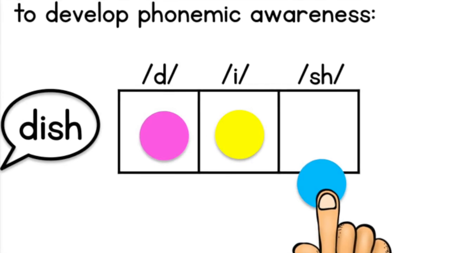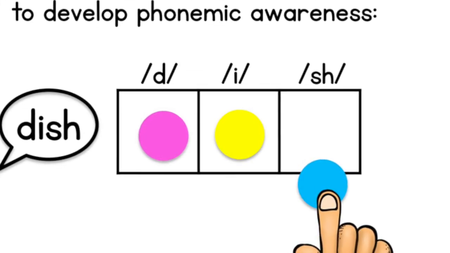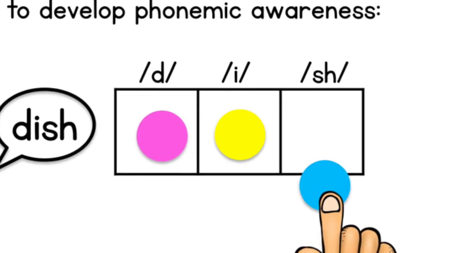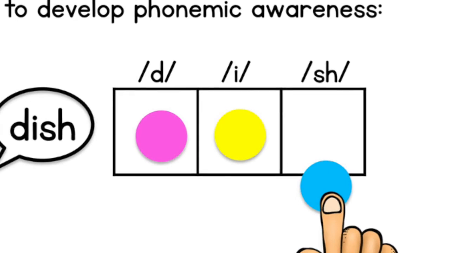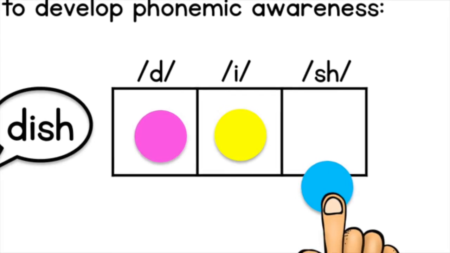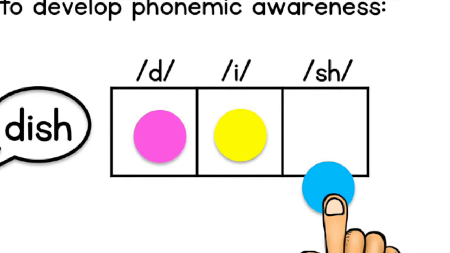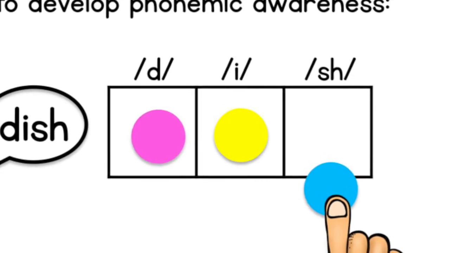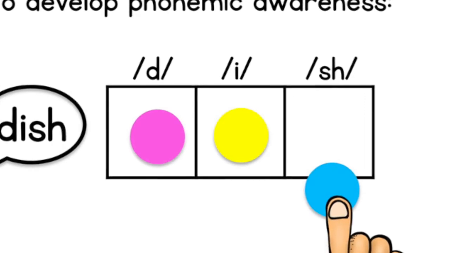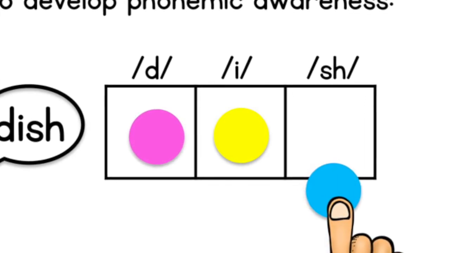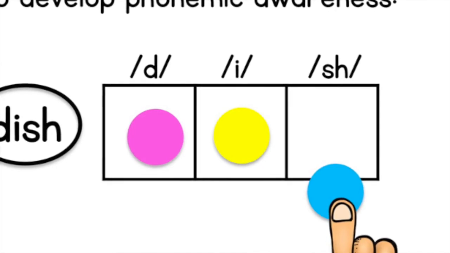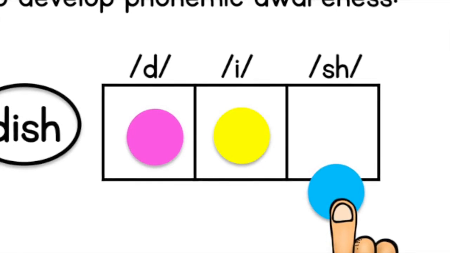Elkonin boxes are a great use of helping students hear the individual sounds in words. Take dish, for example. We have d, e, and sh. As the child moves along, he or she will move a counter or manipulative to represent each sound. In the word dish, there are 3 distinct sounds, and therefore the child should have 3 counters on their paper.